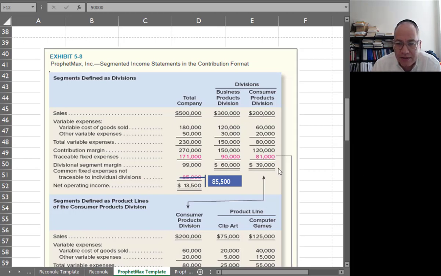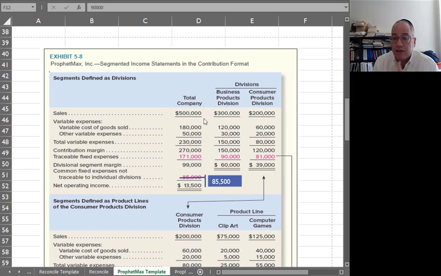So if we break this down between business products division and consumer products division, we'll see that of this traceable fixed expenses, and one other thing I just want to point out here, I'd like you to notice that total company fixed expenses have been broken down into two pieces. Traceable of 171,000 and common of 85,500.